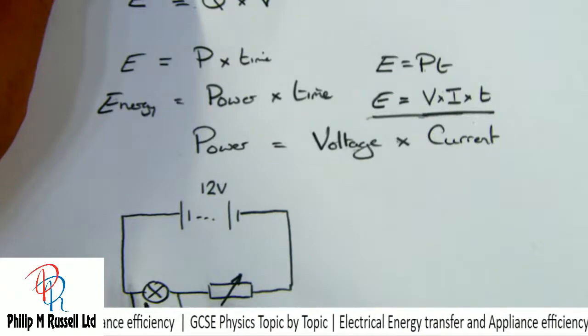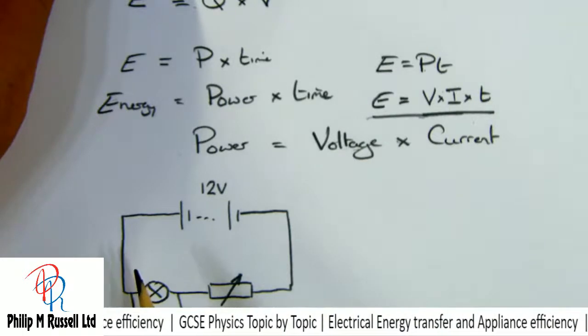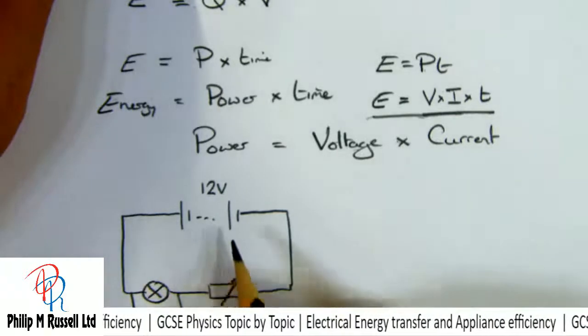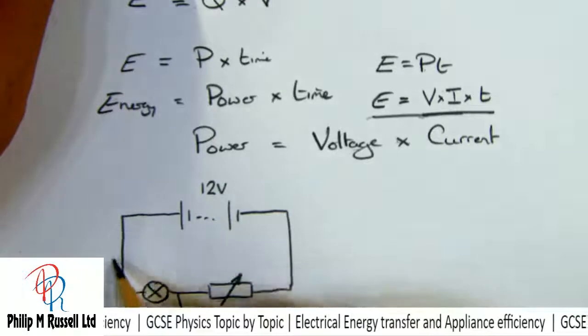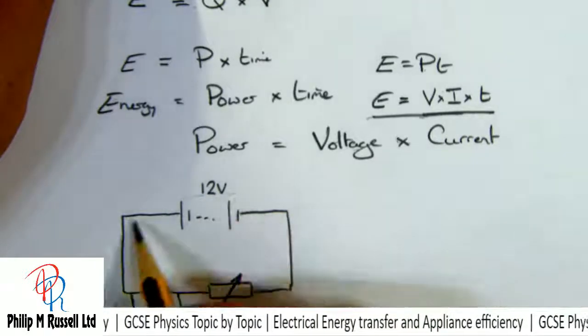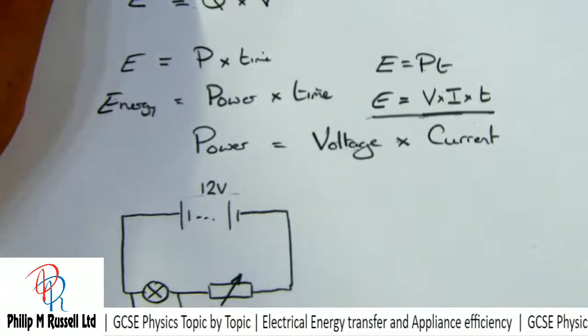Now let's think about what we've got in a series circuit. 12 volts goes through, it goes all the way round, but it's used up.